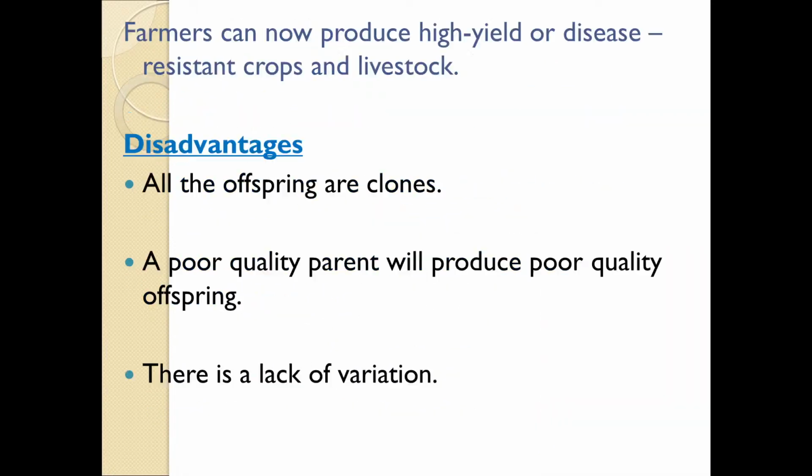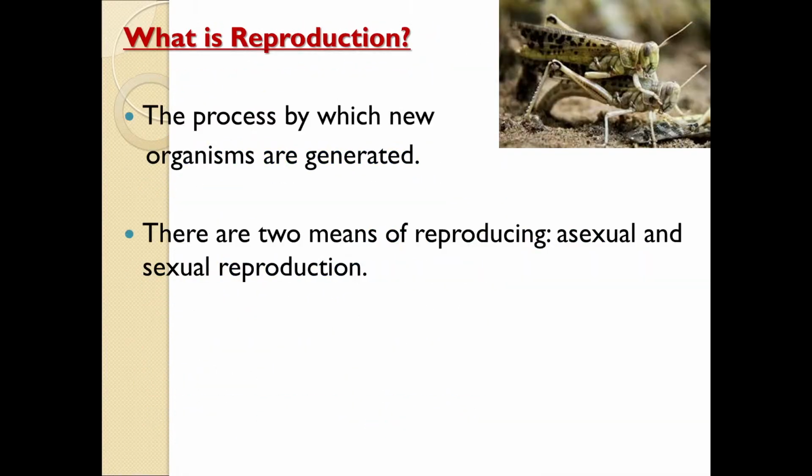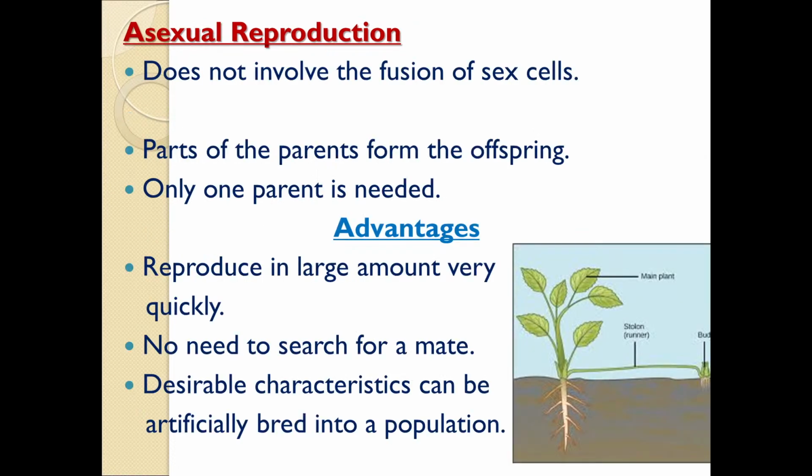So, looking at reproduction again, the definition is the process by which new organisms are generated, whether animals or plants. There are two types of reproduction, sexual and asexual. The main difference is that for asexual, only one parent is needed, while for sexual reproduction, two are necessary, where those two individuals each provide a sex cell: one will be the sperm and the other the egg.